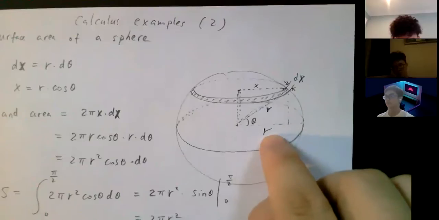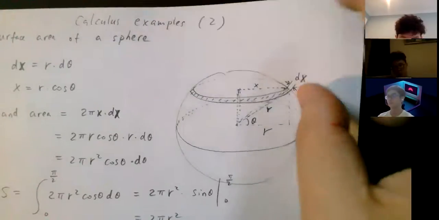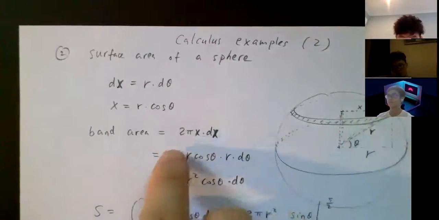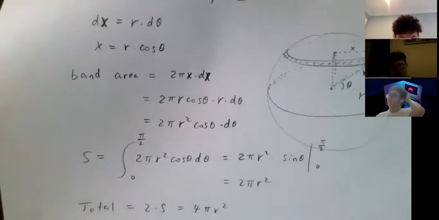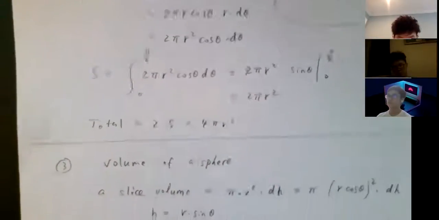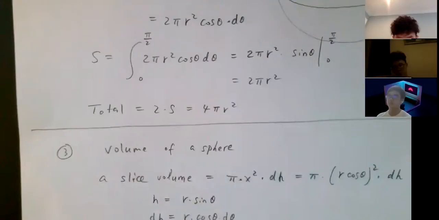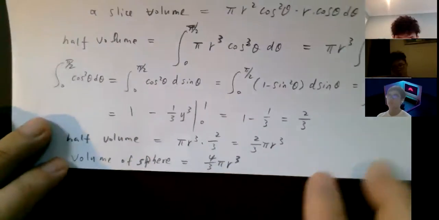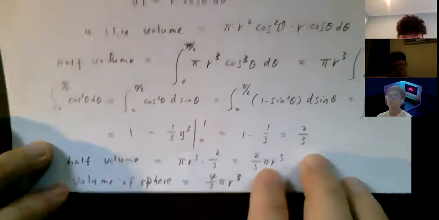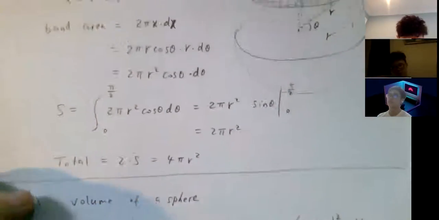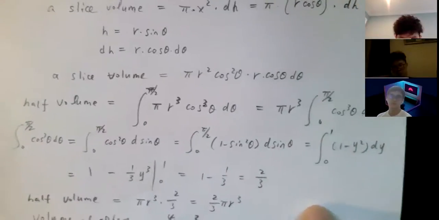With radius r, the surface area of a sphere is eventually 4 pi r squared, and the volume of a sphere is eventually 4/3 pi r cubed. You can go over the calculus and derive it, and the similar thing.